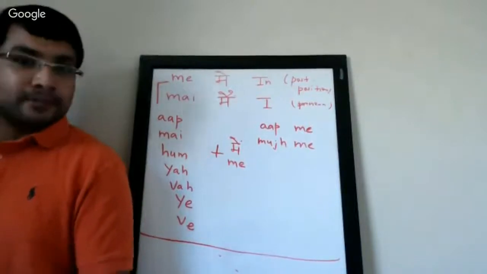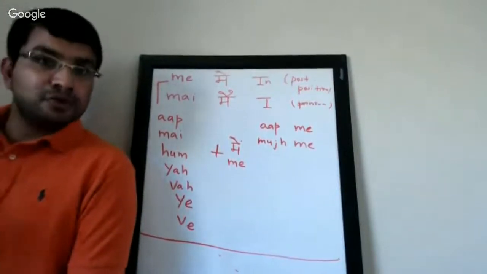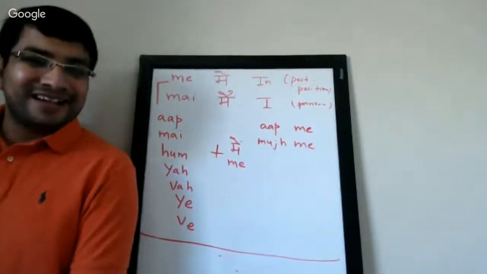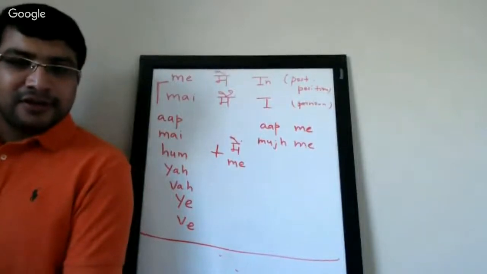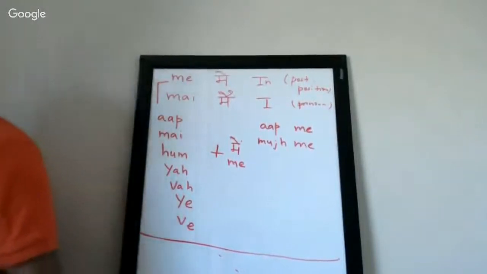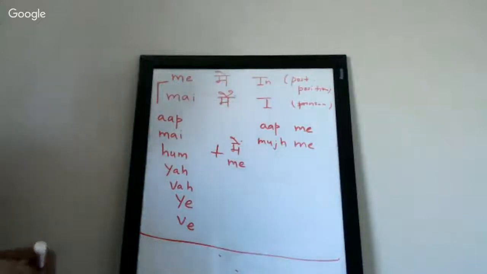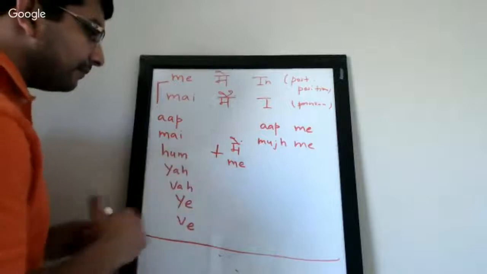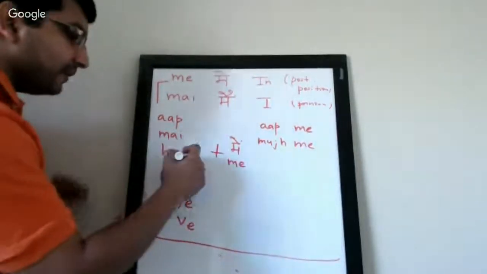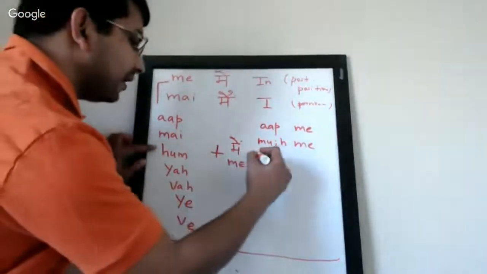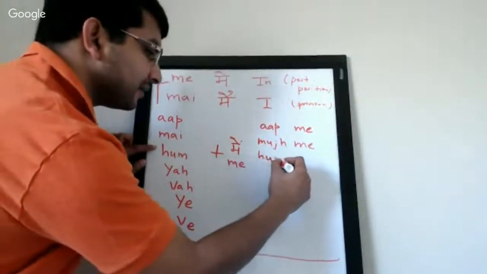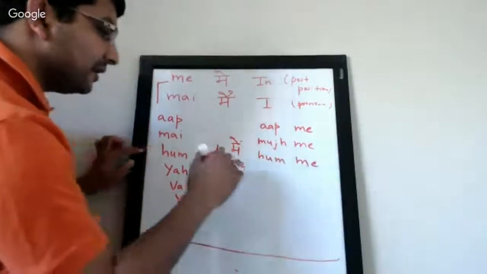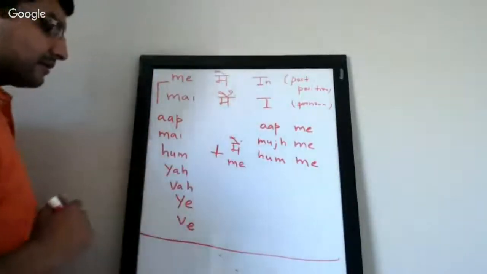You can say मुझ में patience है, मुझ में confidence है, मुझ में बहुत talent है. Those are the sentences you can come up with. That's मुझ में. Then hum plus में: hum is we, so hum में is in us.